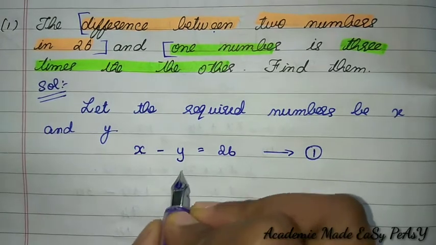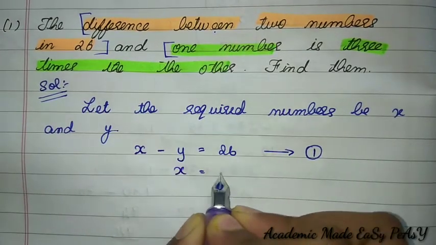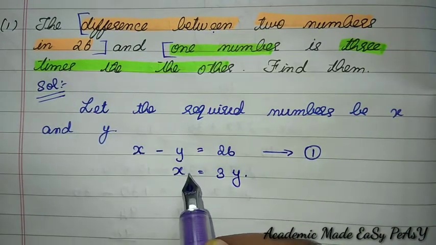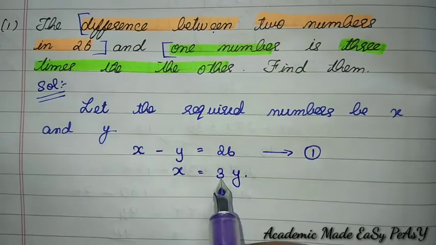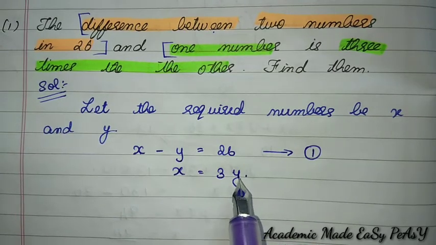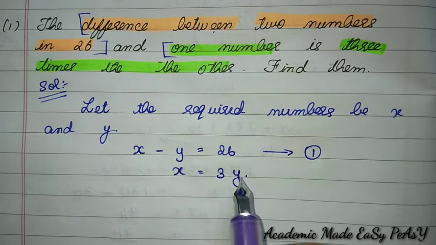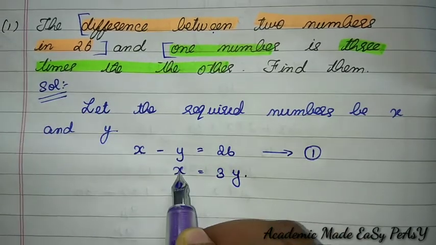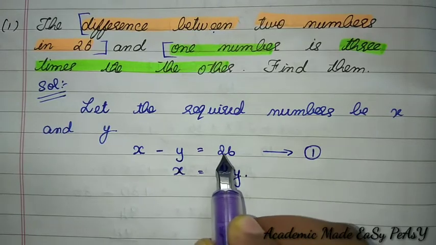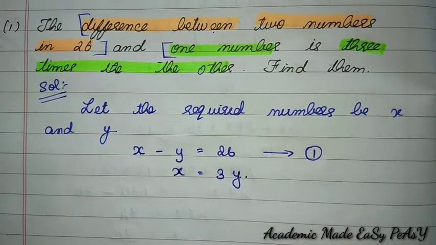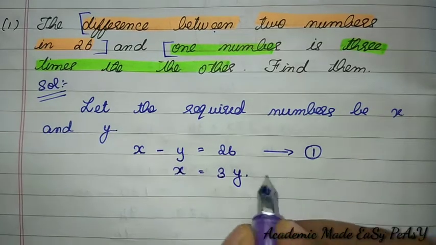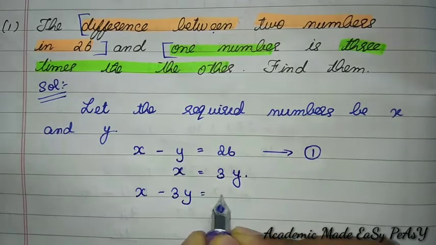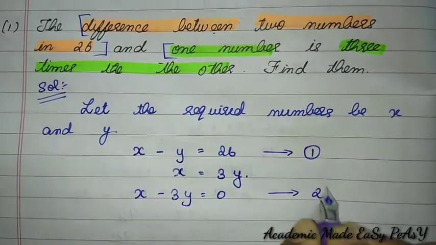So x is equal to 3 times y. x is the greater number, so I will have it over here, and y is smaller, so I am taking it as thrice of y. Then only I will have positive. If I take y over here and x over here, this number I should get as negative. So I should have it like this only. So let me have this as x minus 3y is equal to 0. So this will be equation 2.